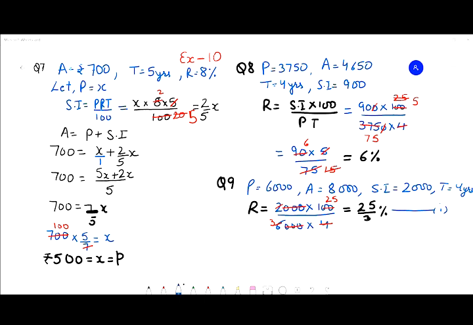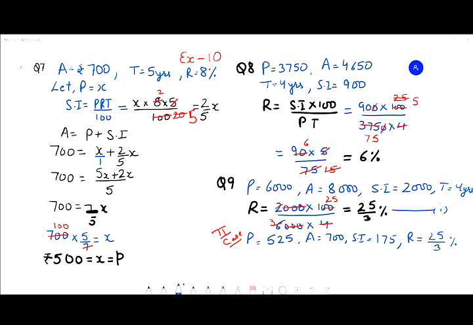In the second case, what they have said here is that the principal is 525, amount 700. That means SI will be 175. The rate of interest they are saying is the same, so my R will be 25 over 3.